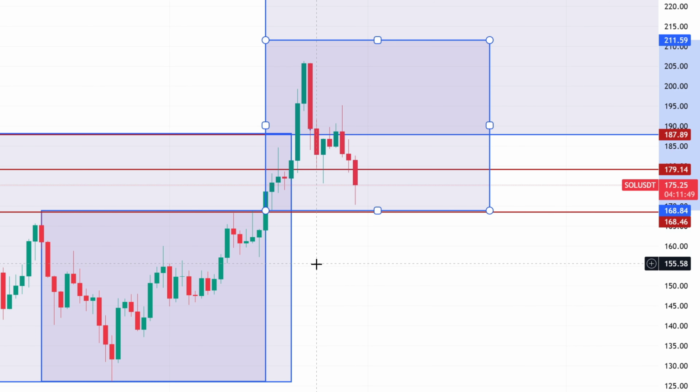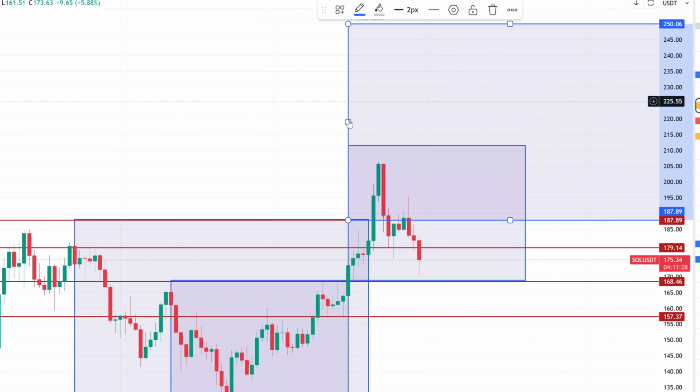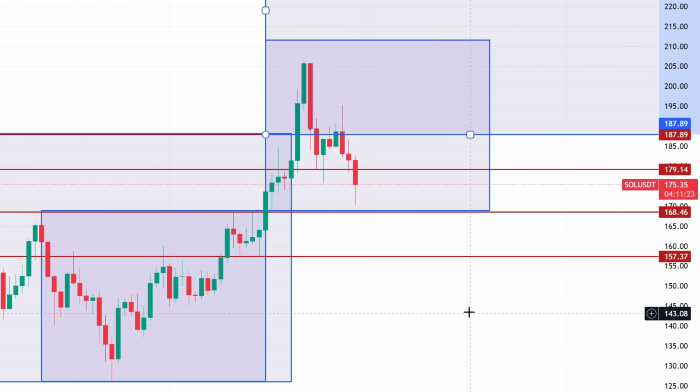And then the next level that I'm looking at is also a very important level, and that is this one right here, because this level is the invalidation point for the higher price target, so for the 250 mark. In case we break this support level, this is potentially another level we are aiming for.